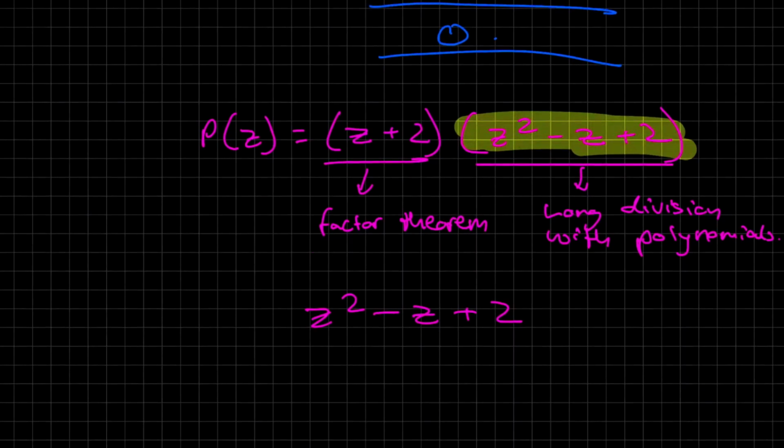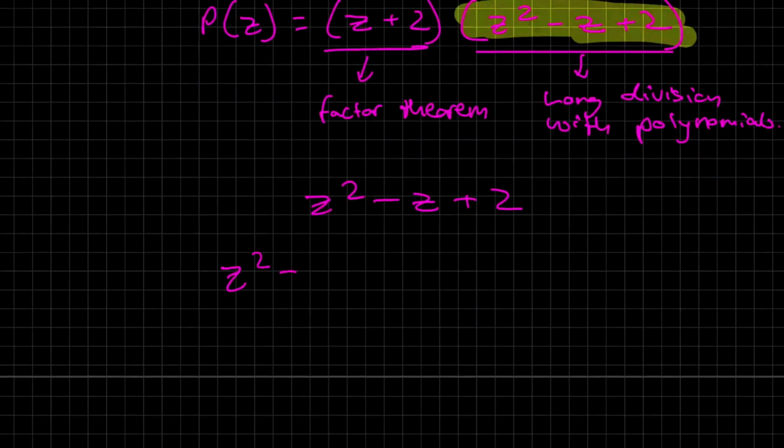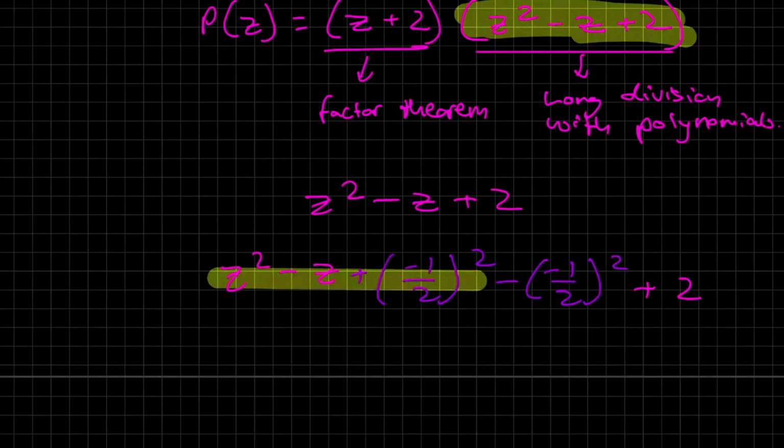So if I start completing the square, then I have z squared minus z plus b, which is negative 1, over 2 squared, minus negative 1, or b, over 2 squared, plus 2. Looking at this part of the equation, we know that this can be factorized into z minus a half squared.